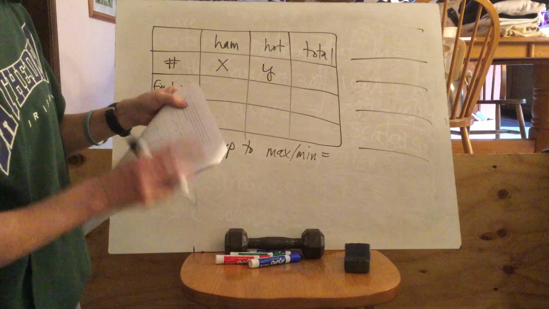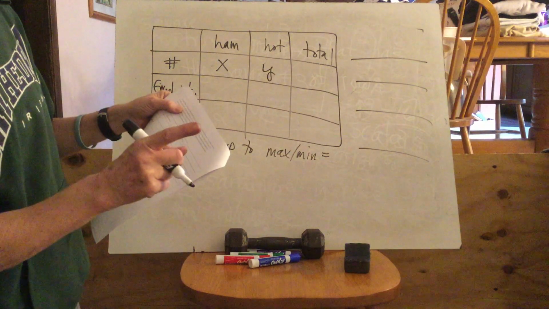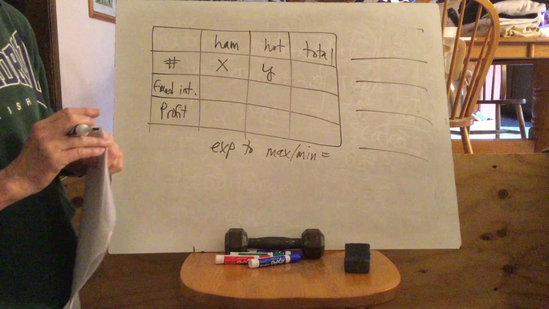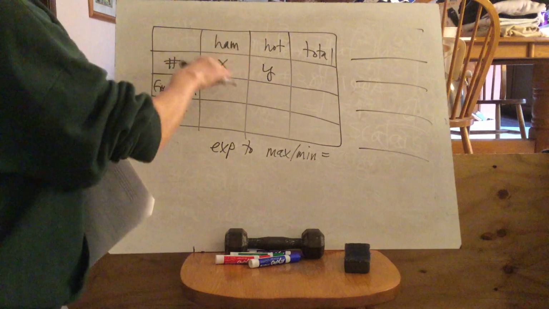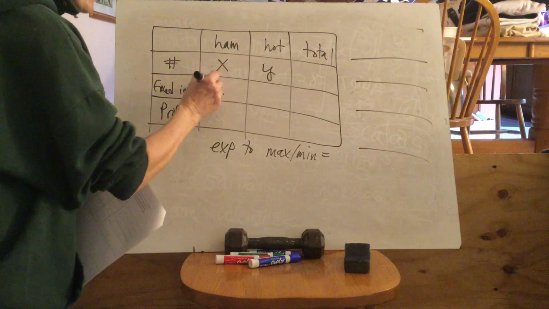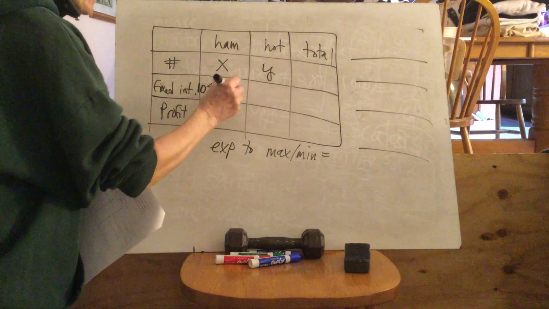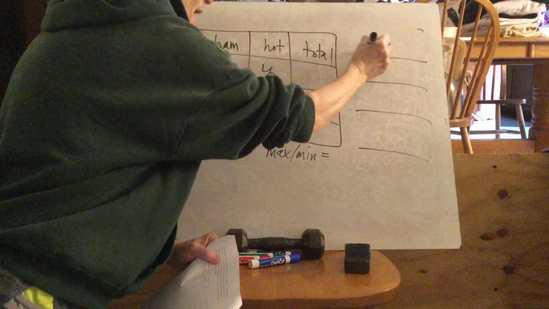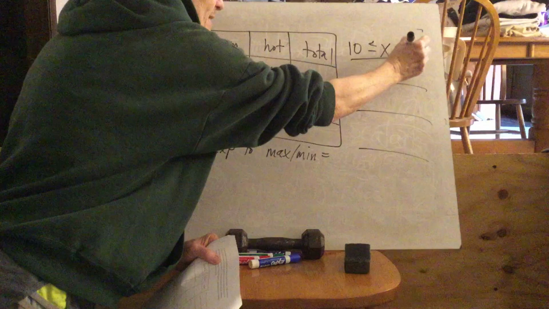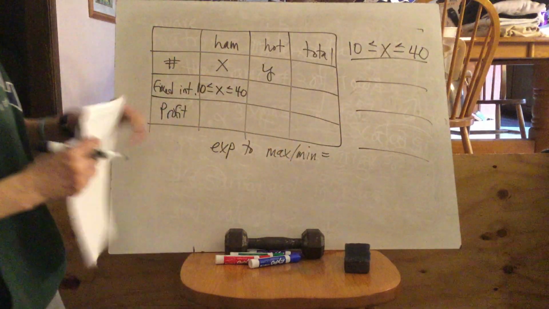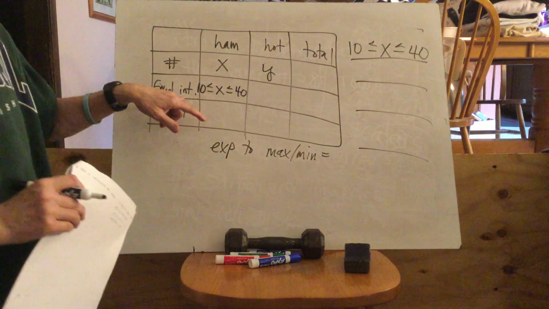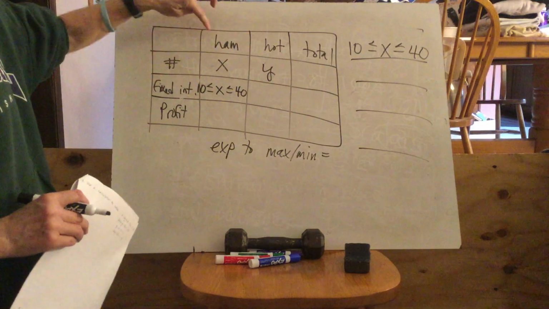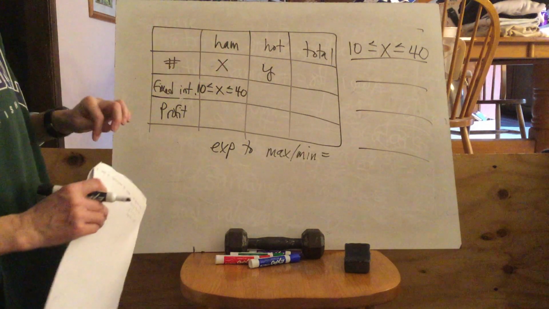I must sell at least 10 hamburgers, but not more than 40. So whatever X is, it has to be between 10 and 40. That is the interval of numbers, 10 and 40, between which the hamburgers have to lie.